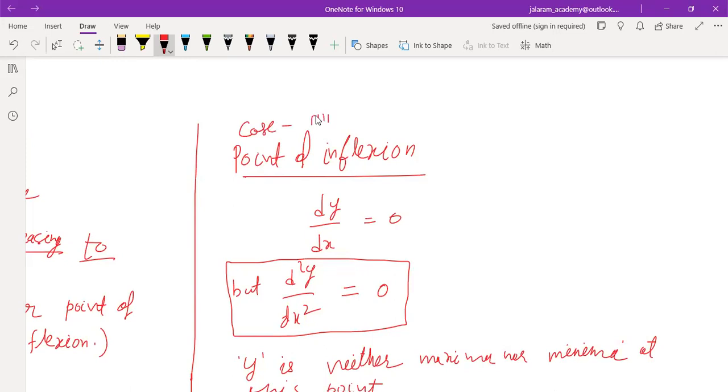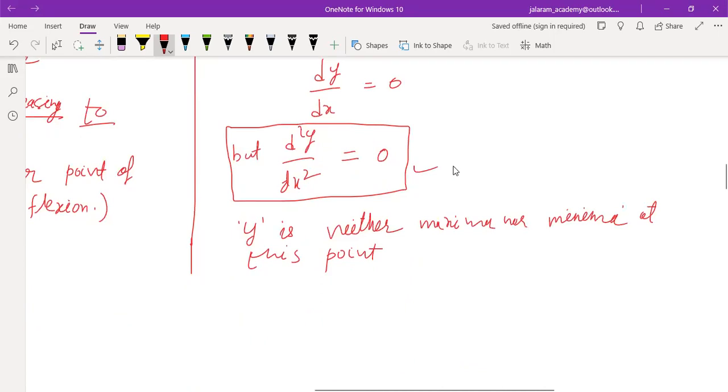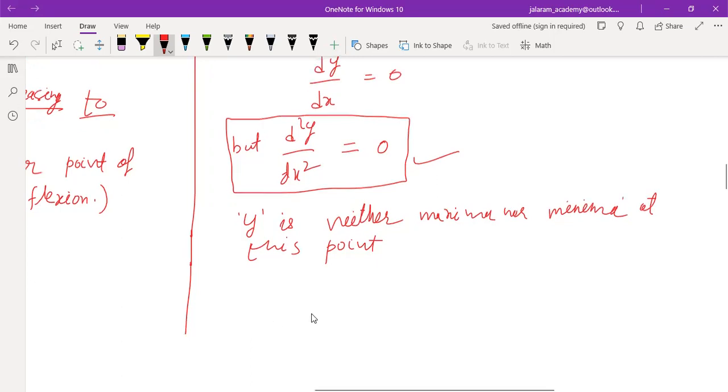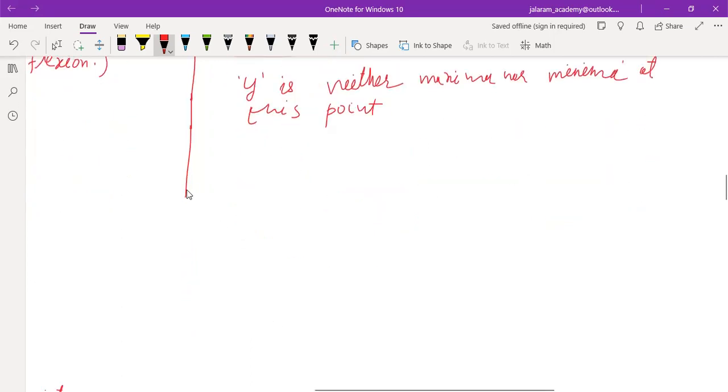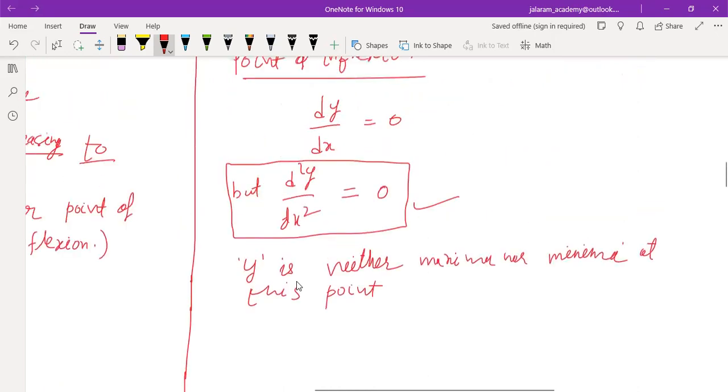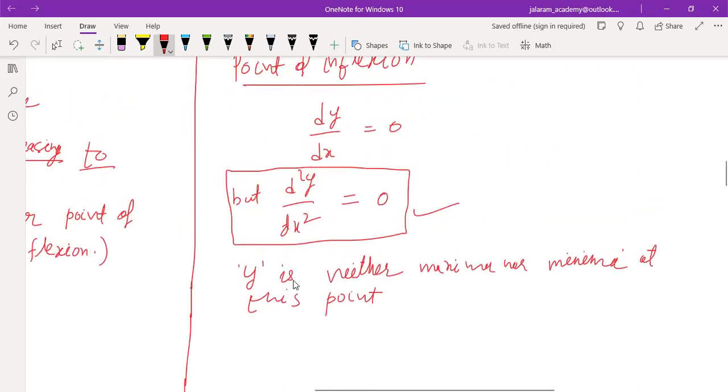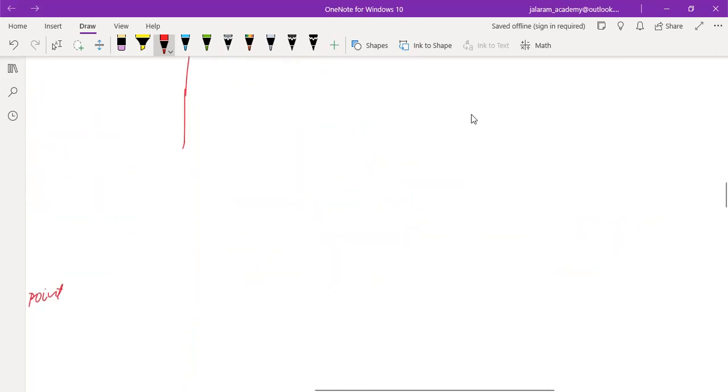In case of a turning point, we call it the point of inflection if it gives d2y by dx square 0, as at this point the function is neither maxima nor minima. Actually, at this point the curve changes its property not from decreasing to increasing or increasing to decreasing, but from convex to concave or concave to convex.